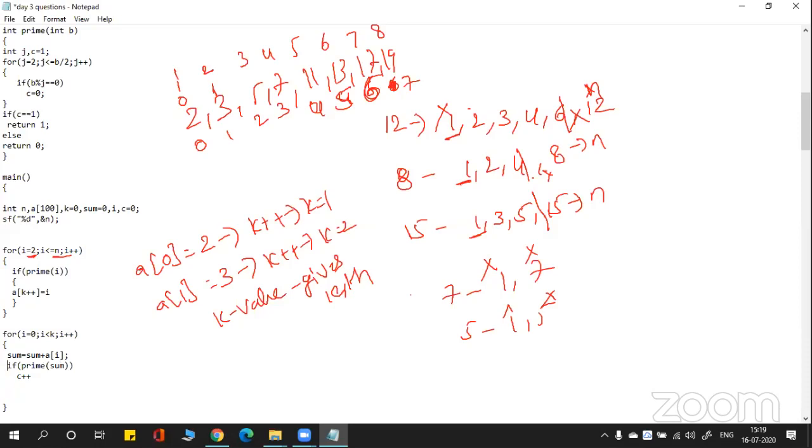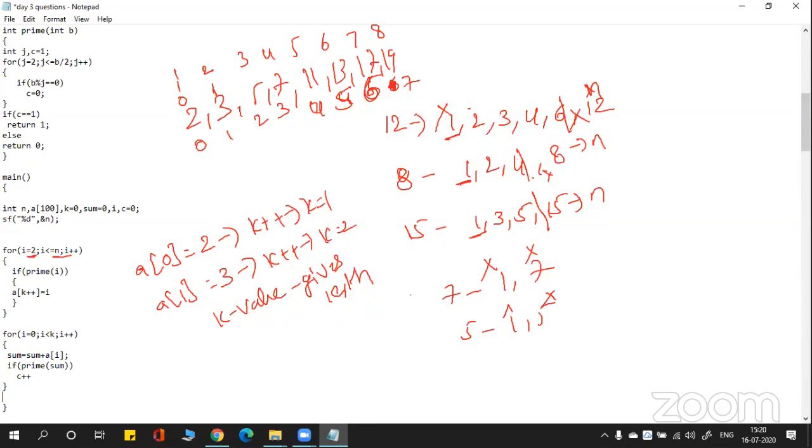No, it will not give us the correct output. Can anyone tell me why? Yes, Sharwani, it will not give us the correct output. I'm adding each and every value and checking whether it is a prime number or not. If it is a prime number, then I'm incrementing the count. At the last, I print this count.